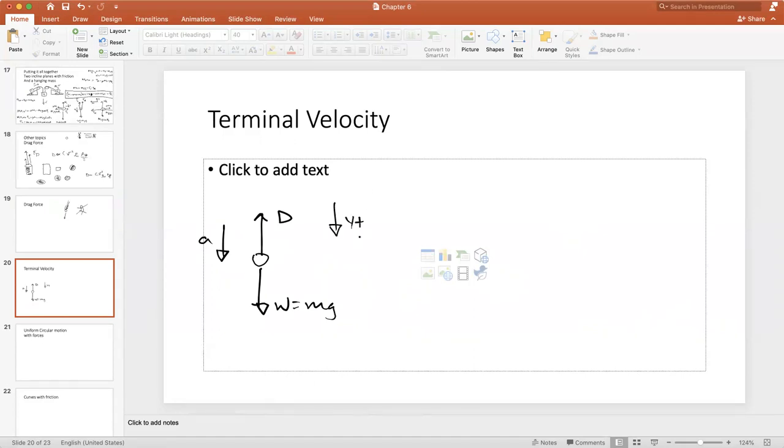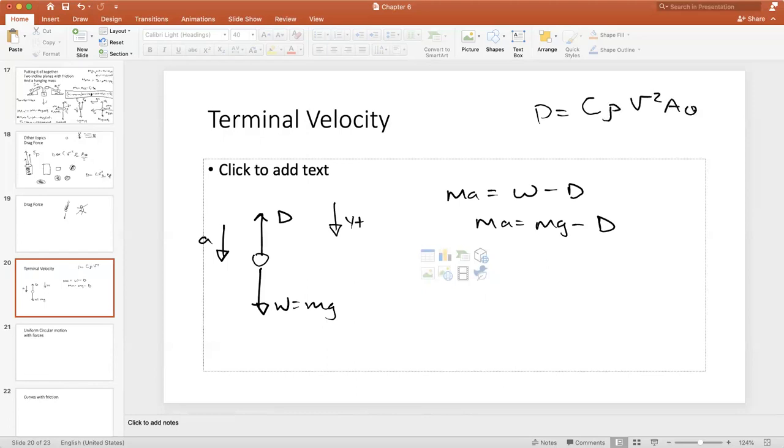So we write ma is equal to weight minus drag. Therefore ma is equal to mg minus this drag force, and remember this drag force is proportional to v squared A.